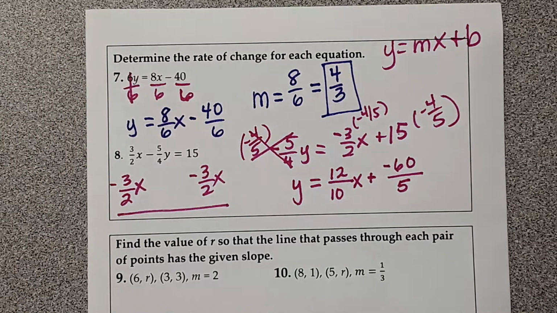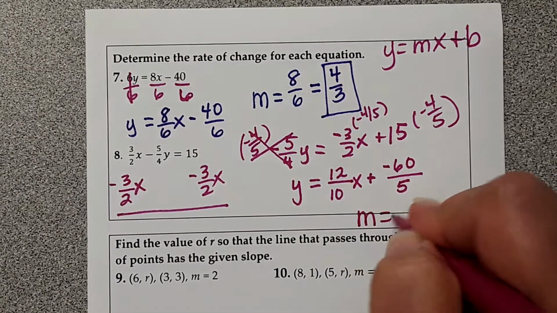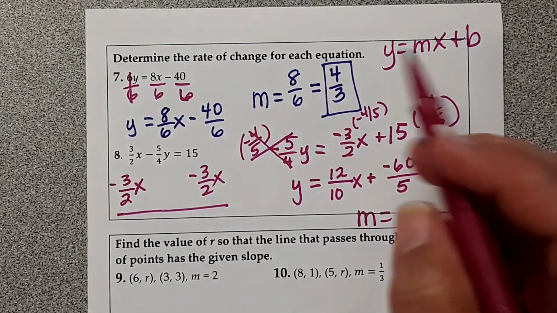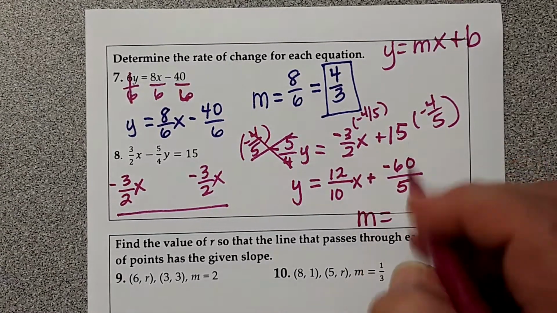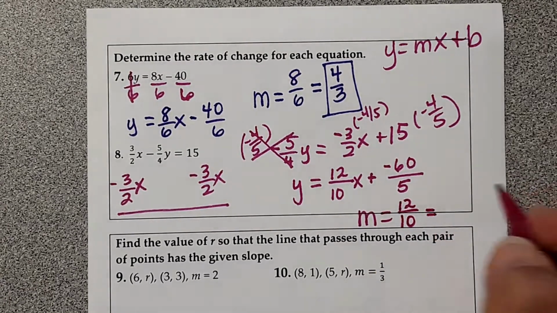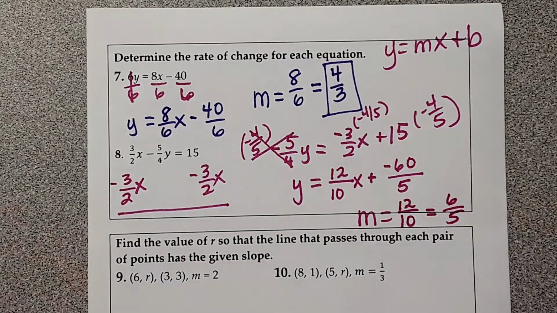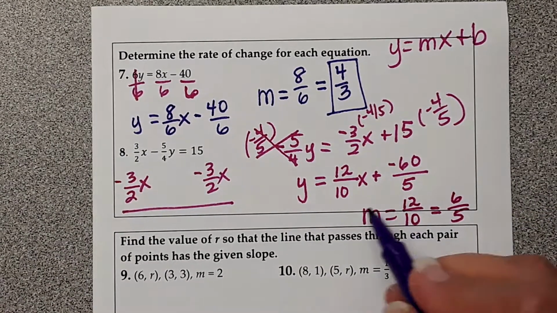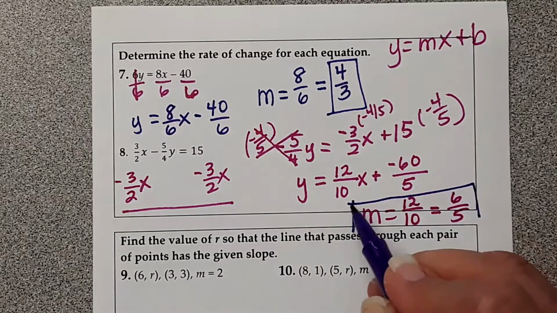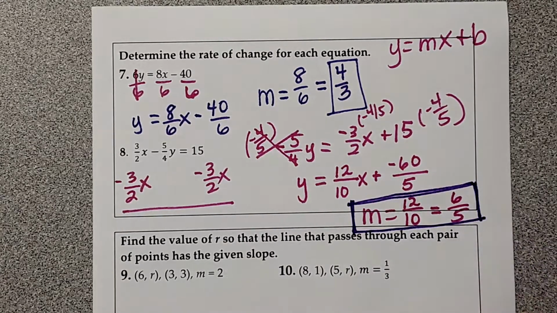The only thing I'm interested in is this 12 over 10 right now. Later on, I'll be interested in the 60 over 5, but right now all I'm interested in is the 12 over 10. And the 12 over 10 is what? What does that equal? 6.